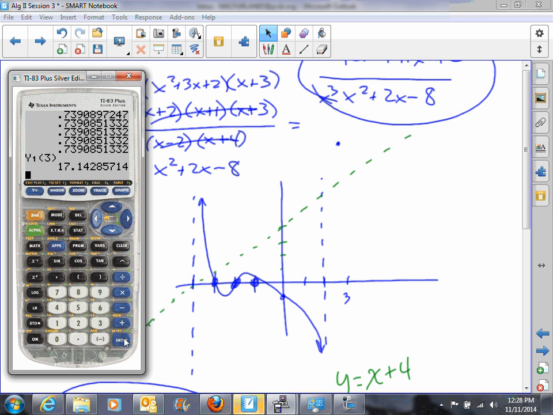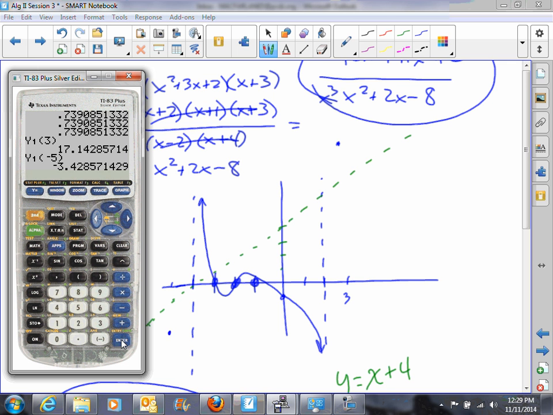And now I also need to know y1 of -5, counting -1, -2, -3, -4, -5. So second, enter. And instead of 3, I'm going to put -5 in there. And I get -3. So I'm going to be at -5, down here at -3.